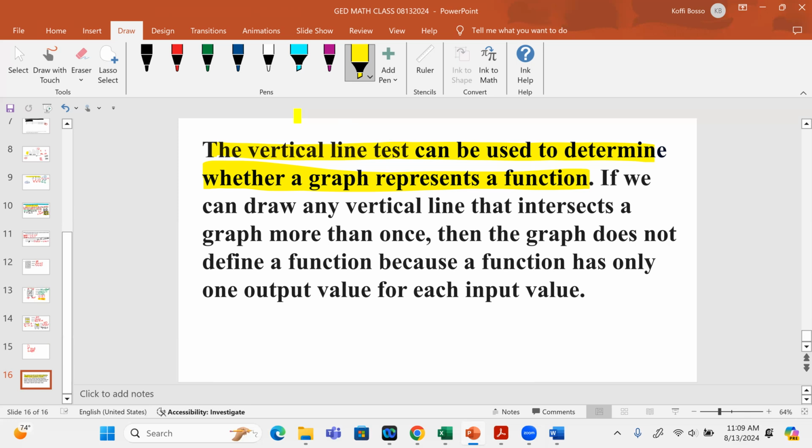So if we can draw any vertical line that intersects, that means crosses, a graph more than once, then the graph does not define a function because a function has only one output value for each input value.